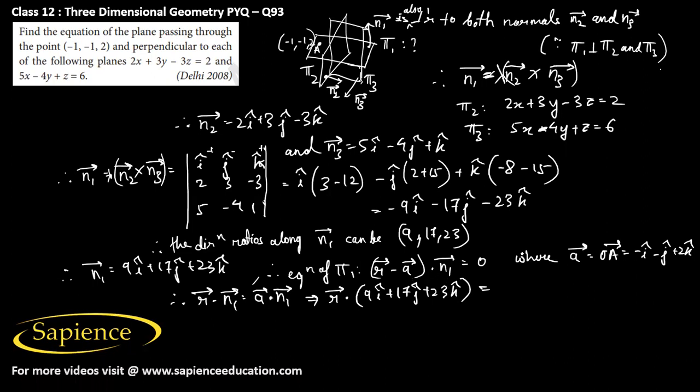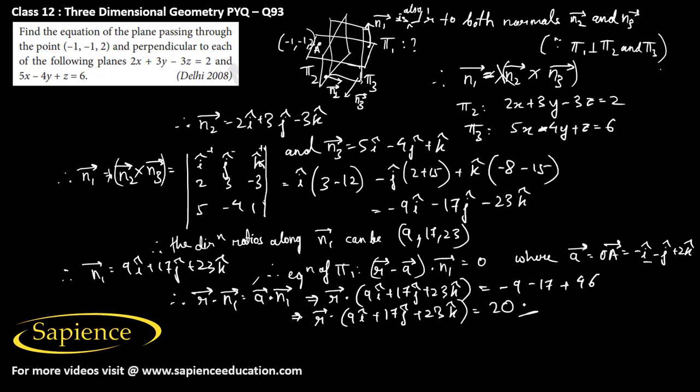So A is this, and a dot n1 will be minus 9 minus 17 plus 46. So r vector dot (9i cap plus 17j cap plus 23k cap) will be equal to, so 17 plus 9 is 26, and 46 minus 26, so this is equal to 20.